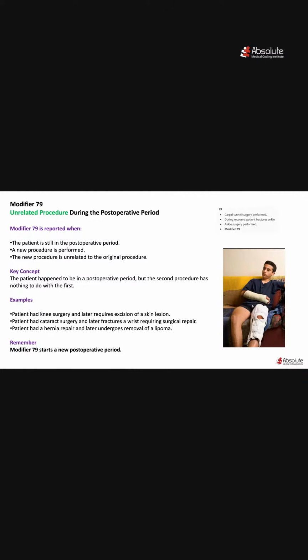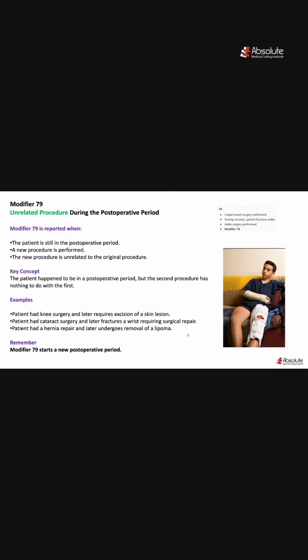That leg has one postoperative period, and then that arm has another. All right, so someone had a question. What if it's not related to the procedure? Do I put 78? You put 79.